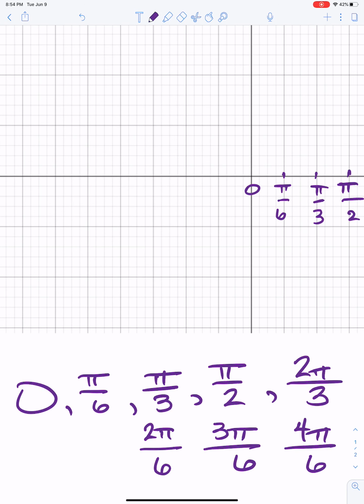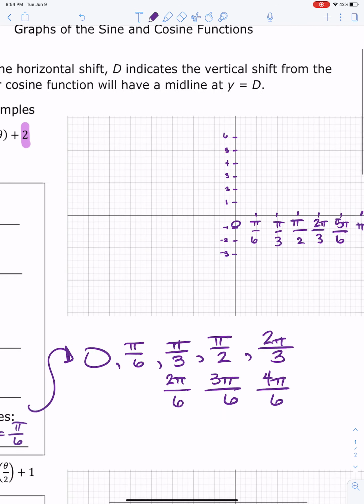Not even close. So what do we got? 1, 2, 3, 4, 5, 6. Sure. And that makes this -1, -2, -3. We're good.